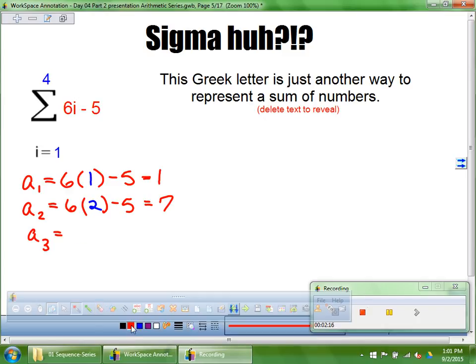Do you see that we're jumping by 6? 1 plus 6 is 7, 7 plus 6 is 13, 13 plus 6 is 19, and that's as far as I have to go. I substituted 1, then 2, then 3, then 4, and 4 was as far as I had to go.